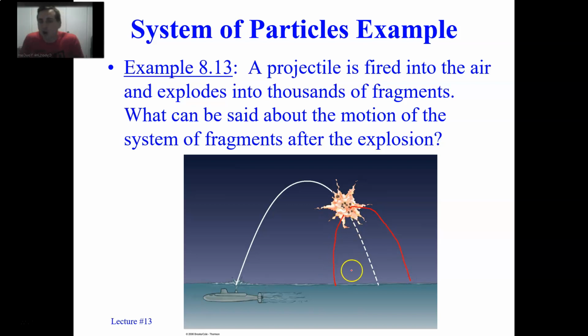But notice that those will cancel in terms of the leftward and the rightward momentum. And maybe one piece launches over here and one piece launches way out over here. But the idea is that even though the many pieces launch out many directions, the center of mass of all the pieces will still follow the same trajectory as if it had never exploded. This is why it's so useful to analyze with center of mass.